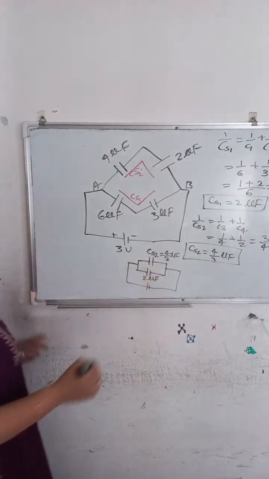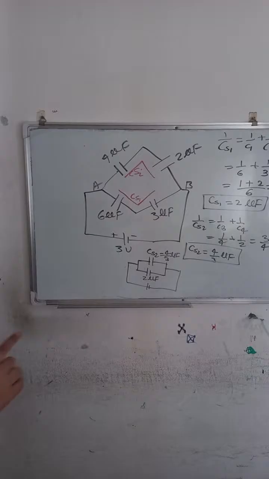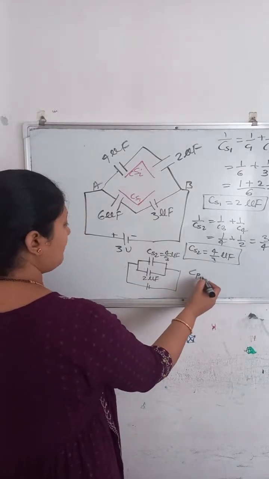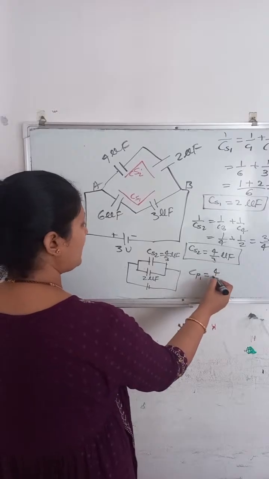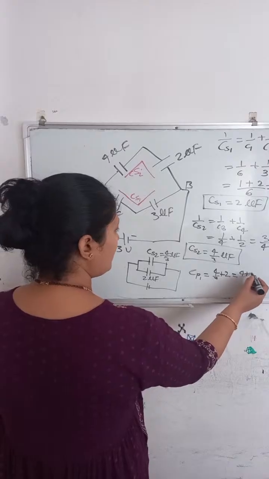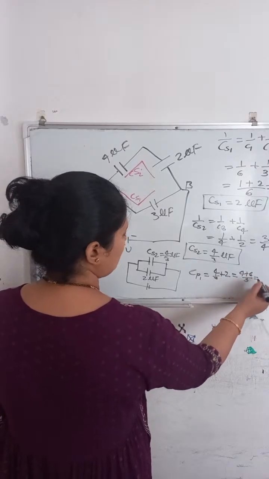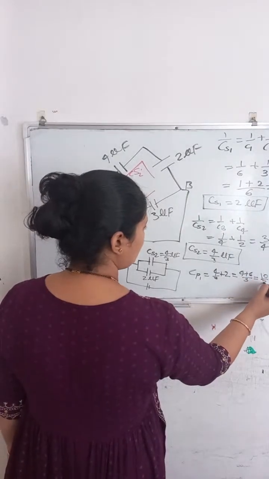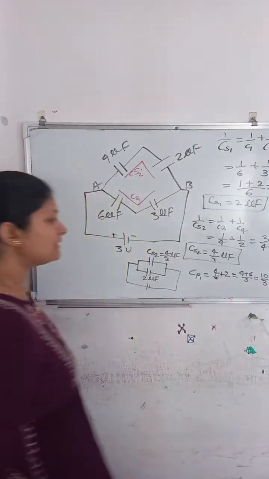For this parallel combination also you have to find the equivalent capacitor. So CP1 is equal to 4 by 3 plus 2, that is 4 plus 6 divided by 3, that is 10 by 3 microfarad.